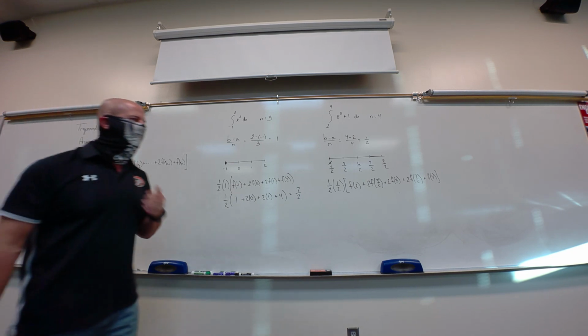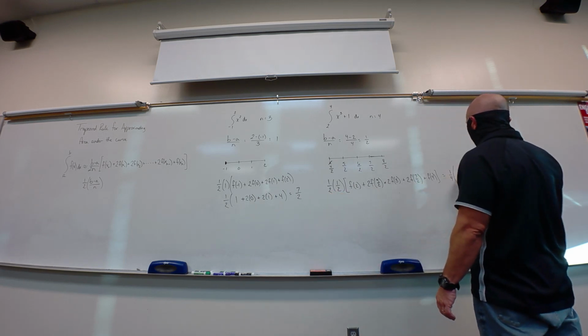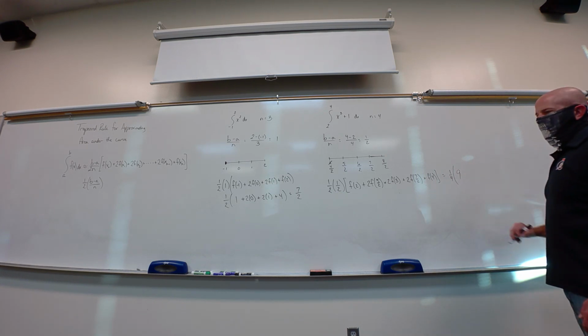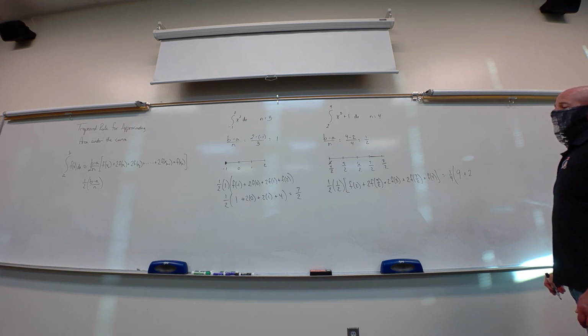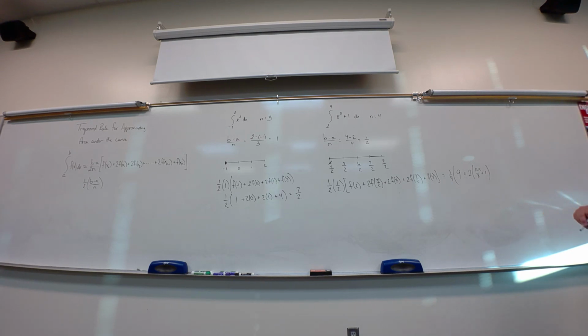As far as the values go here, let's see, I'd have a 1/4 out in front. F of 2, 8 plus 1 is 9, plus f of 5 halves, it's 125 eighths, plus 1, plus 2 f of 3, 28, plus 2, 7 halves, 7 cubed, 343?